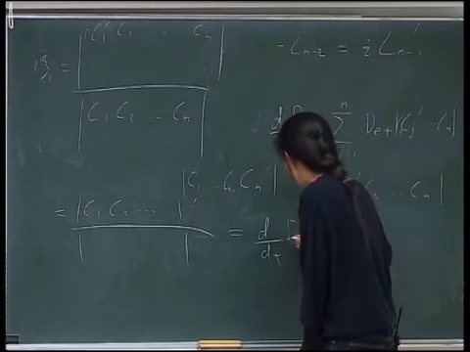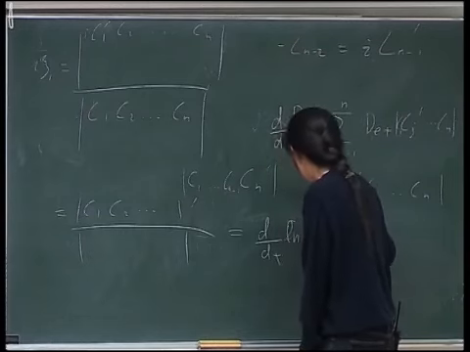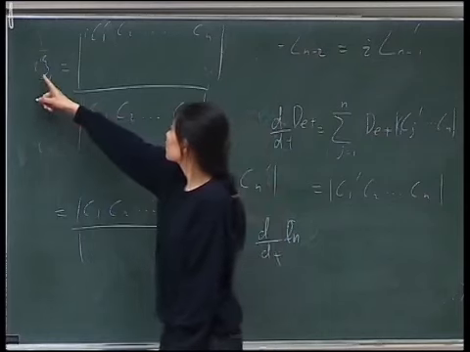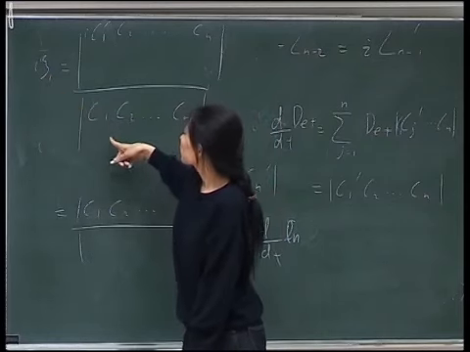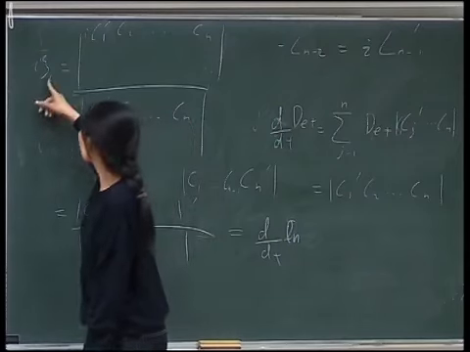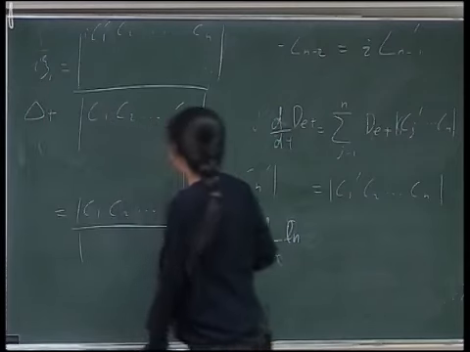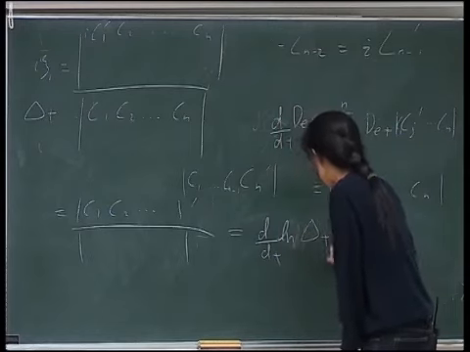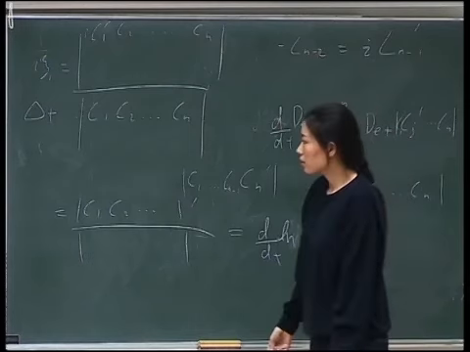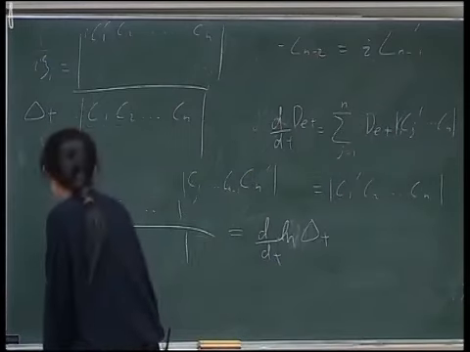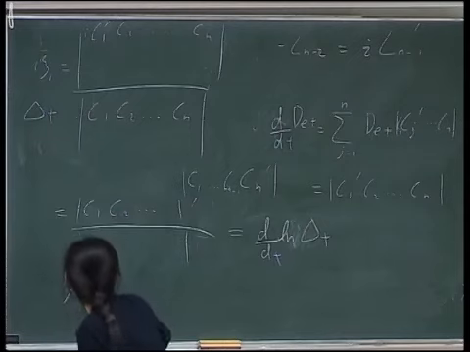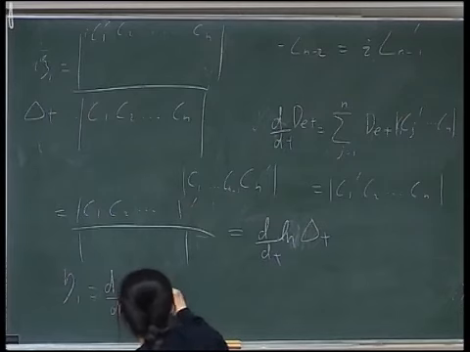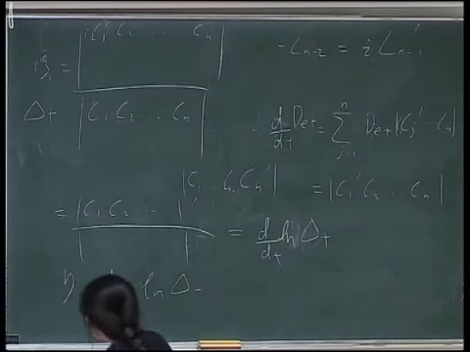The derivative of the log of this determinant. Because this is the matrix different from Z and E, I call this determinant this. So then I have here log plus. As you can see, similarly, eta is equal to dt log minus.